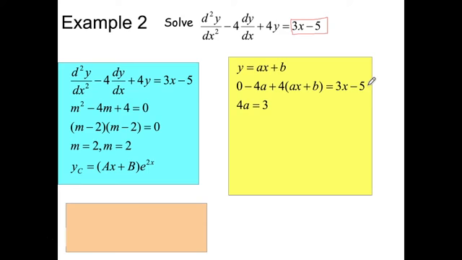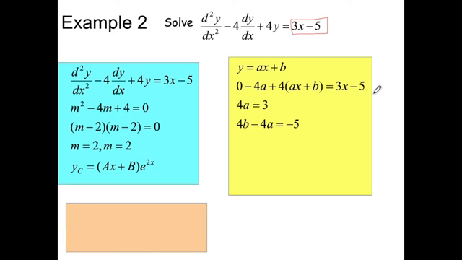And then next, we have to equate coefficients. You can see here that the coefficient of x on the left hand side is 4a, but the coefficient of x on the right hand side is 3. So 4a should be equal to 3, and the constant term on the left hand side should be 4b minus 4a, and the constant term on the right hand side is -5.